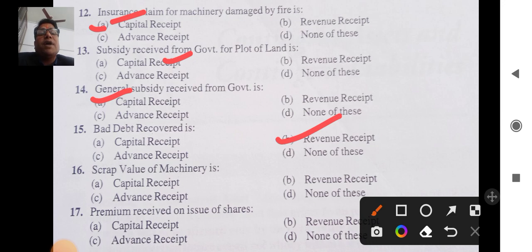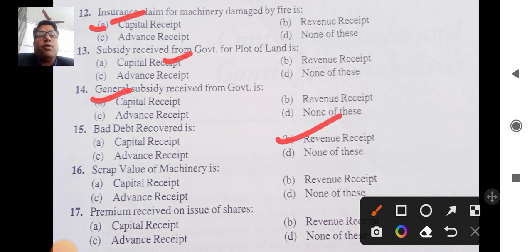Next is scrap value of machinery. Machinery has some scrap value, a residue value, at the last expiry date of the asset. So this amount will also be capital receipts.